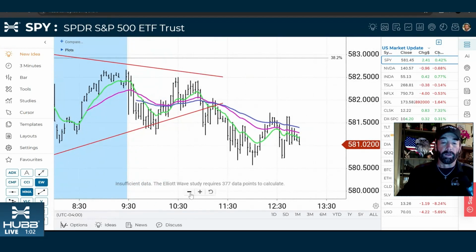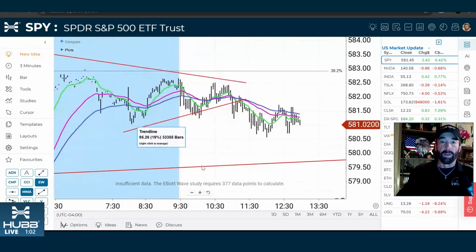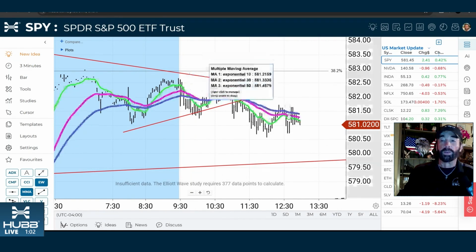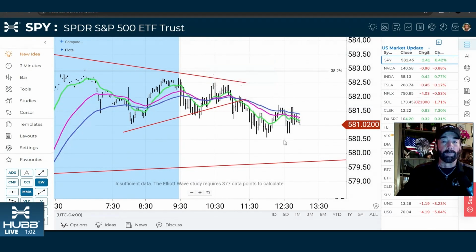Once again, we'll minimize the chart. Remember now, what I'd like to do is try to add tips on utilizing the software. If you're new to the software and you're not familiar with this yet, down here, when you go to an intraday chart or your daily chart, where it says insufficient data, that's telling you there's not enough bars. Each one of these bars counts as a data point.